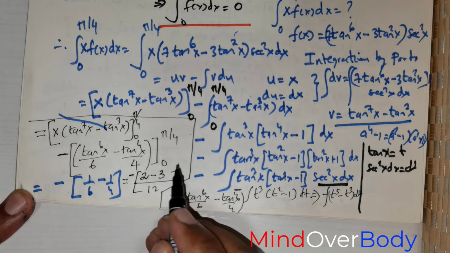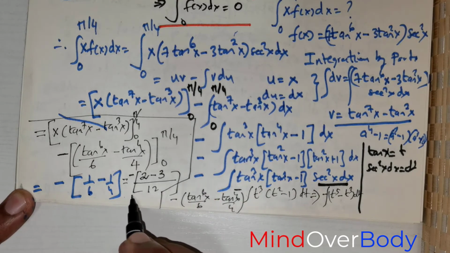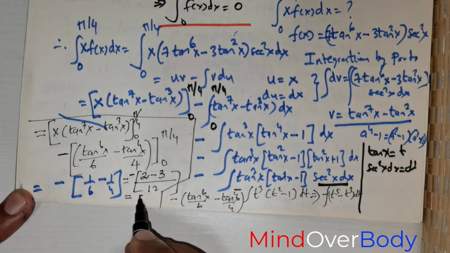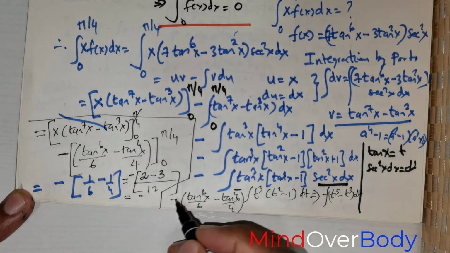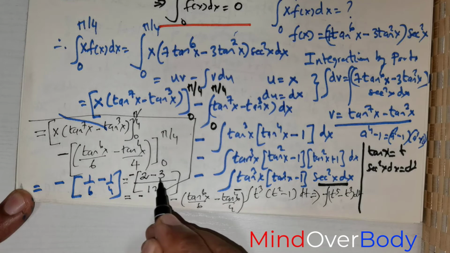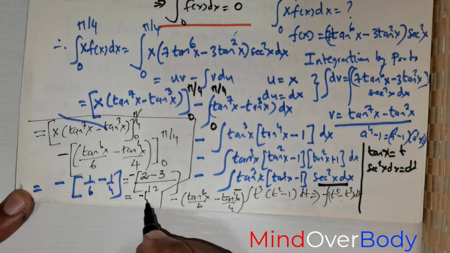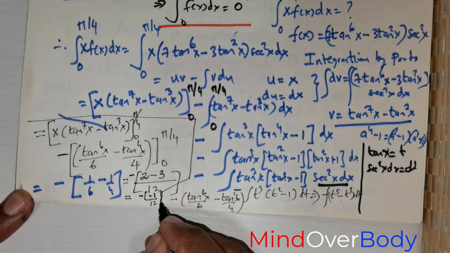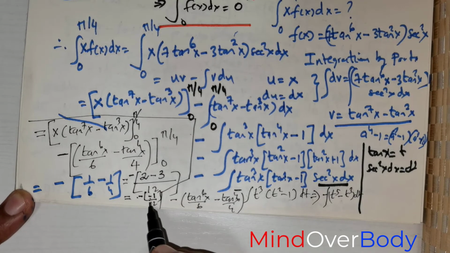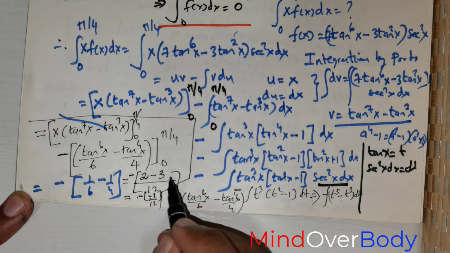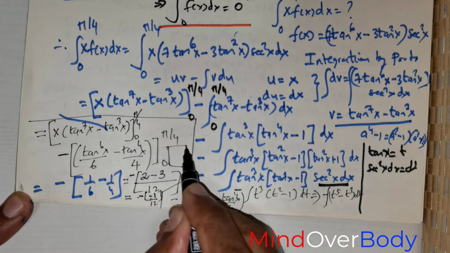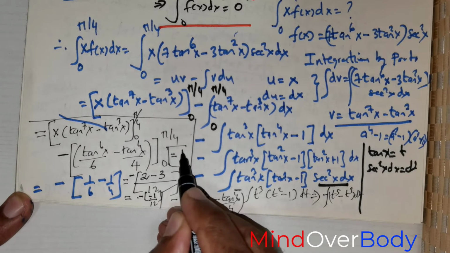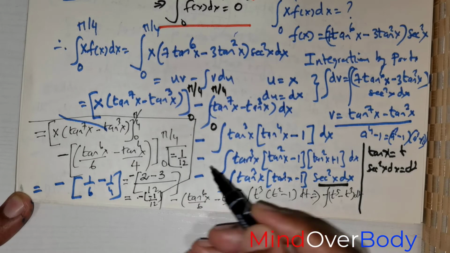So 2 minus 3 will give me negative 1, divided by 12. Negative of negative is going to give me positive. So I'll box this here and write this as 1 over 12.